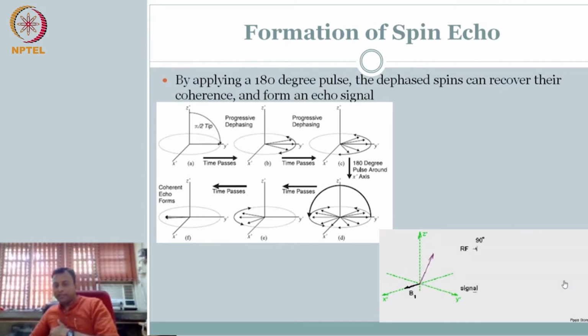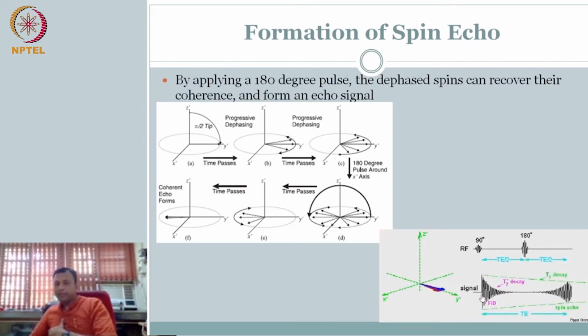The nature has it that it will start to dephase again because you have switched off the excitation pulse, right? So the 180-degree excitation pulse makes it come together, and then on the other side, when it goes down, it starts to dephase again.